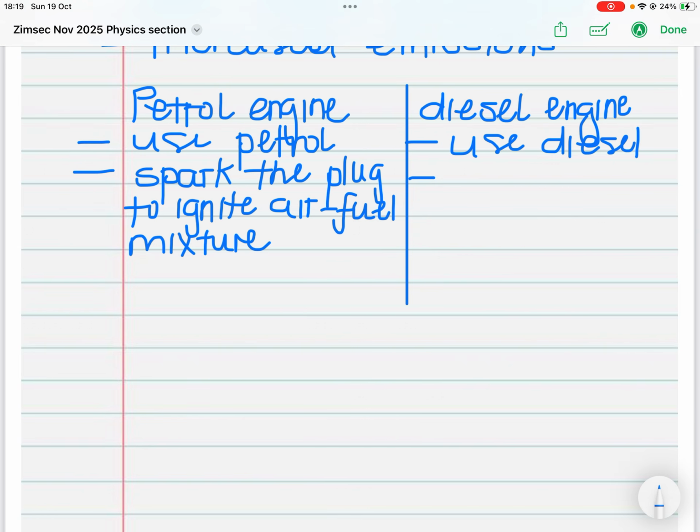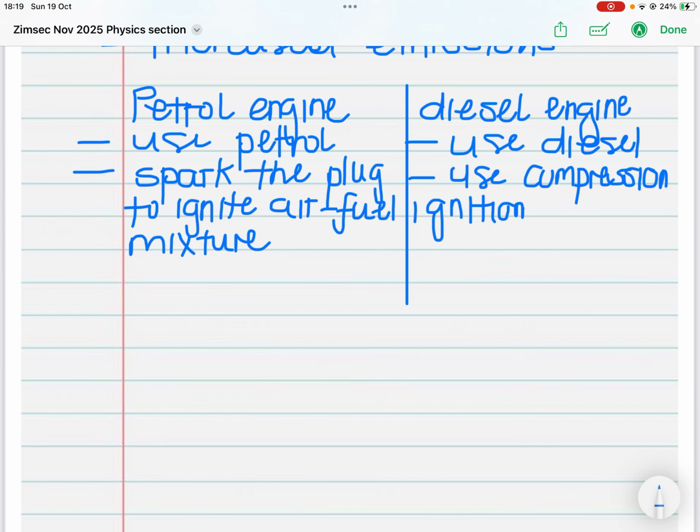And then this one uses what is known as compression ignition. Right?